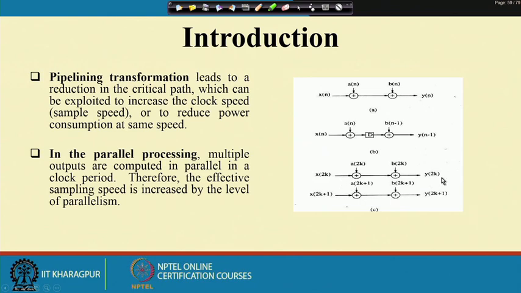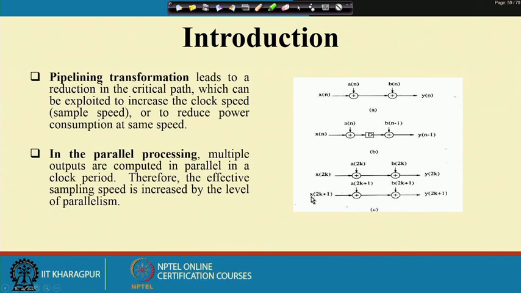So, this is one processing element, the combination of this. If I impose 2 of them, then the number of samples I can produce is 2 at a time.